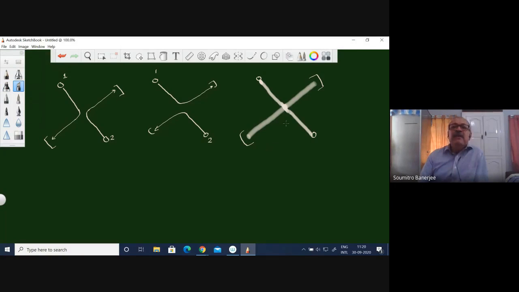You might say that when a particle is on this side and another particle is on this side, you can distinguish them by means of their position, because they are at different positions. But when they come here, there will be no way to distinguish between one electron and another. When they arrive here, you can only say one electron arrived here, another electron arrived here, but you will not be able to say which one is arriving where.